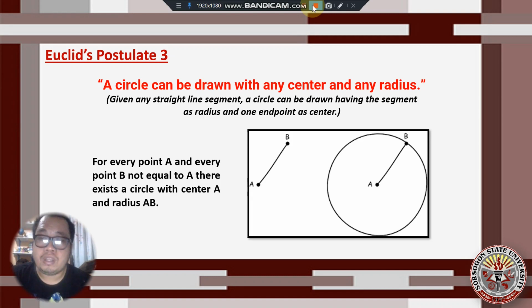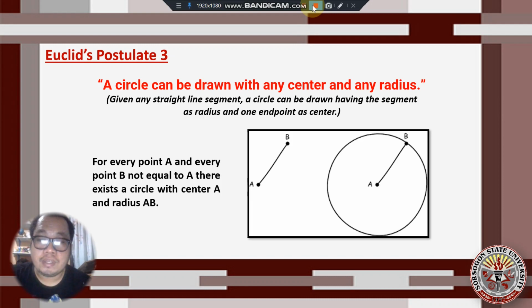Euclid's postulate number 3 states that a circle can be drawn with any center and any radius. In another version, it states that given any straight line segment, a circle can be drawn having the segment as radius and one endpoint as center. For every point A and every point B not equal to A, there exists a circle with center A and radius AB.